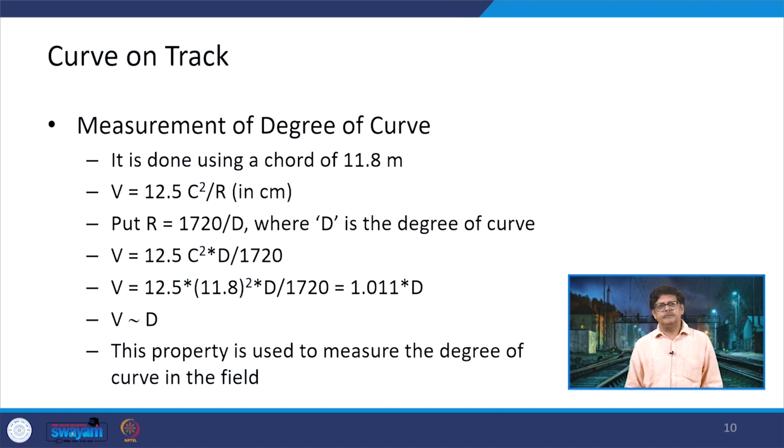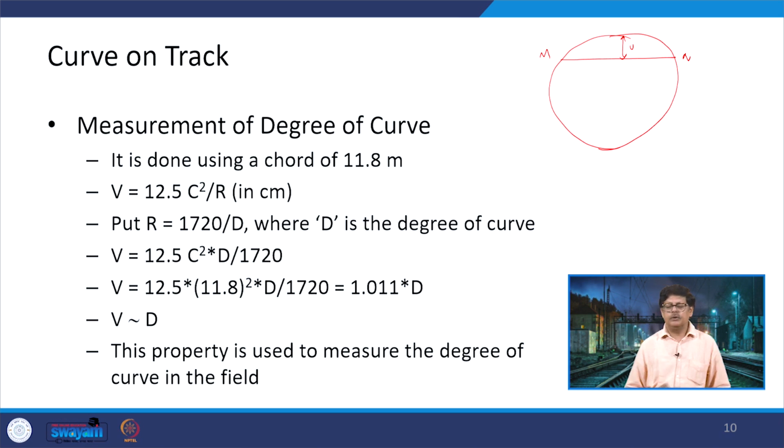Now, measurement of degree of curve, let us correlate this measurement of degree of curve with the versine. We have already discussed the curved section in this form, and this is the chord which we discussed, which was MN, and this was versine.